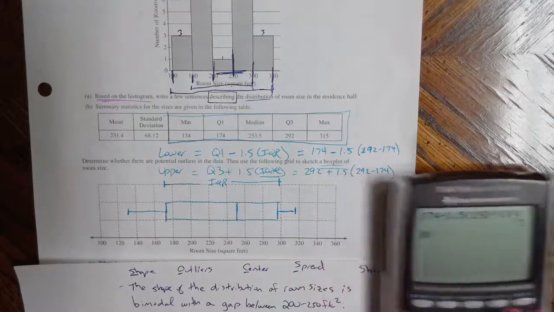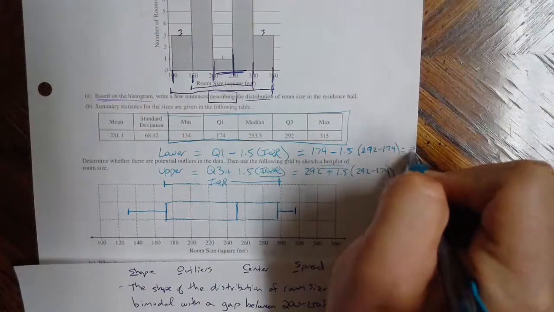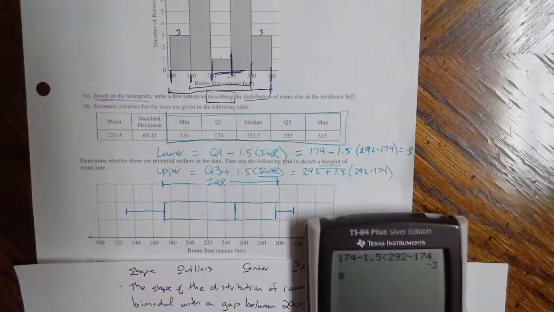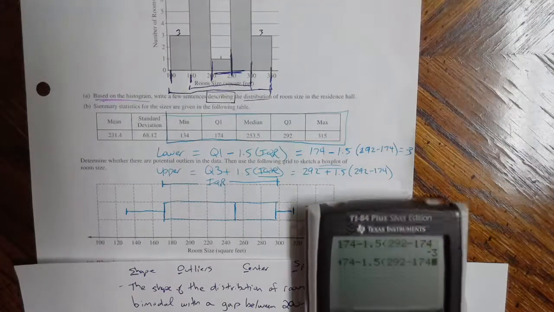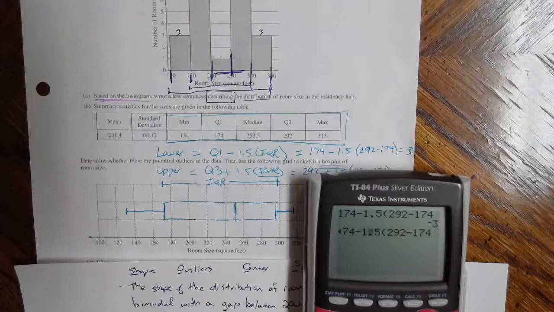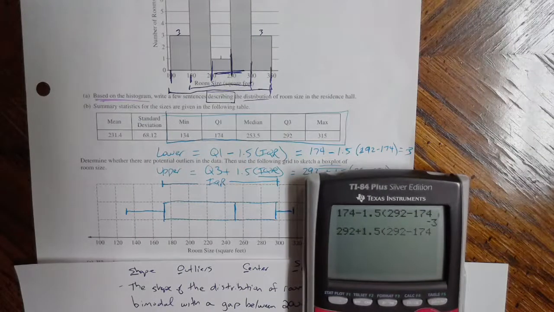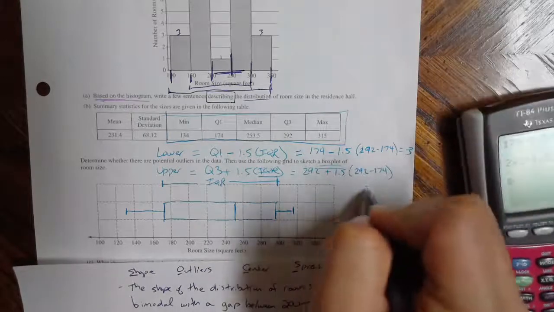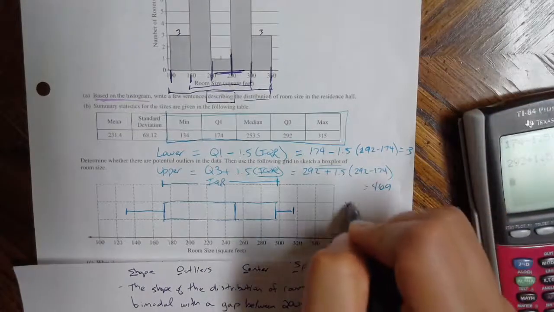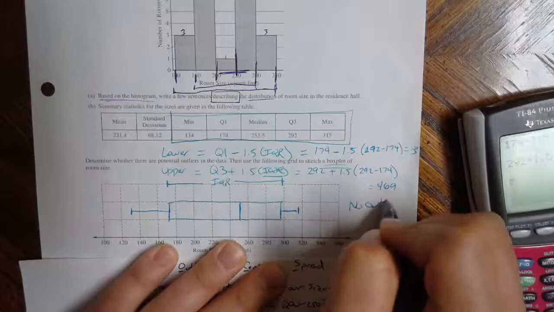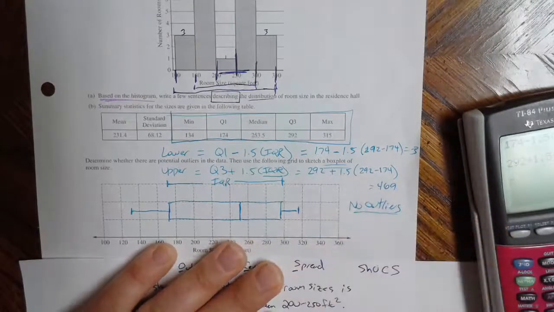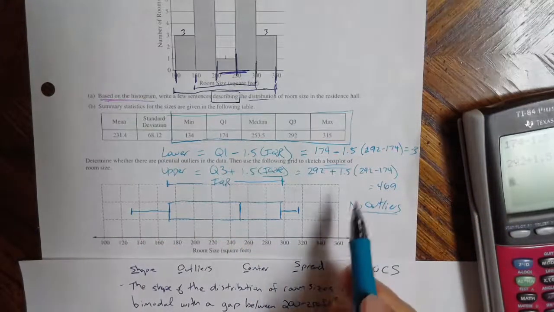It's a -3 even. Clearly no number is lower than -3. And then to check the upper bound, 469, so it's way higher than the maximum. So there are no outliers. And again, you can double check that with the calculations.